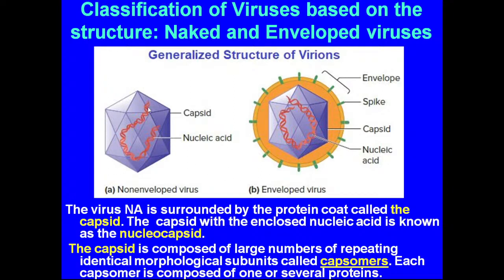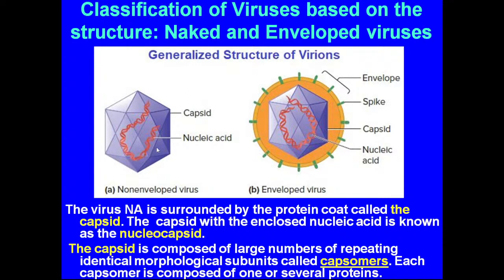So inside the virus we have, as you know already, nucleic acid or genome. And this genome that is shown here in non-enveloped viruses is covered by the structure that is called capsid. So it encloses the nucleic acid, and sometimes we may call them together nucleocapsid, right?